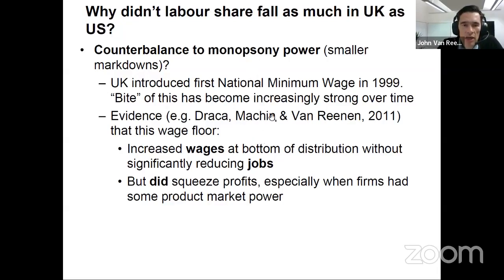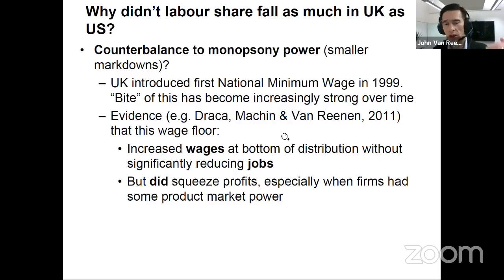So the UK introduced the first national minimum wage it's ever had in 1999. And the strength of that has become increasingly strong over time. There's some evidence, I mentioned this paper with Steve Machin and Mirko Draca that we did a few years ago, that if you look at the impact of the minimum wage, it tended to increase wages at the bottom of the distribution.